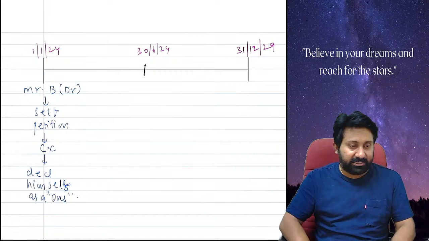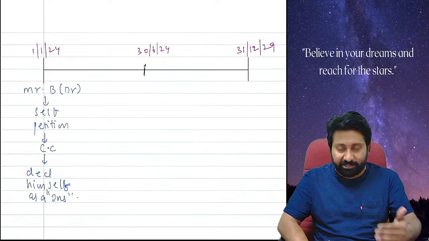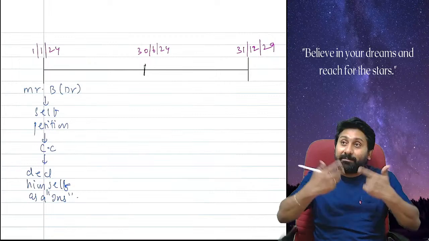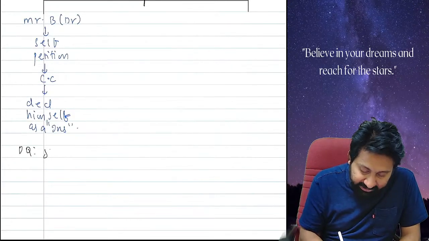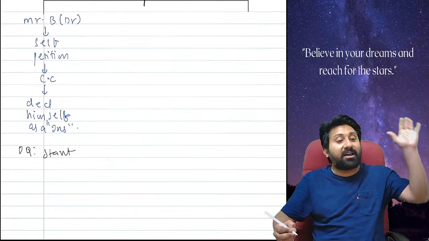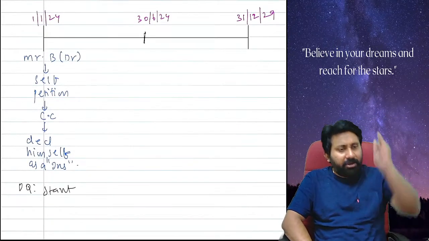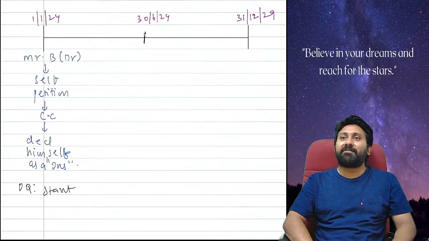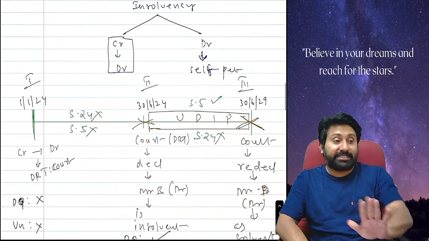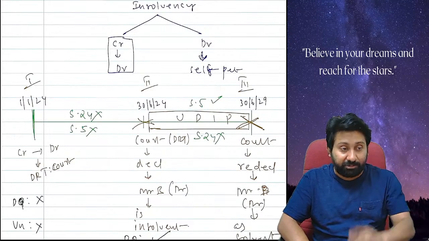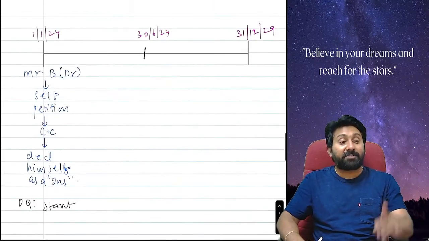Okay, let's understand. Mr. B, being a debtor, made a self petition in a competent court to declare himself as an insolvent. Law is saying that your disqualification will start the moment you file a petition. Now, sir, in all our examples, whether the first chart, second chart or third chart, we have an assumption.